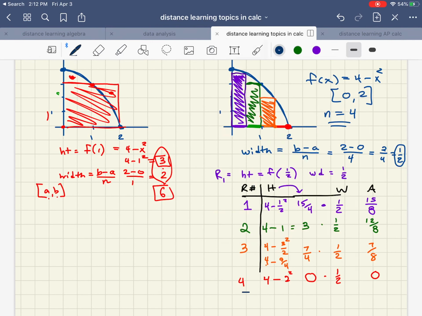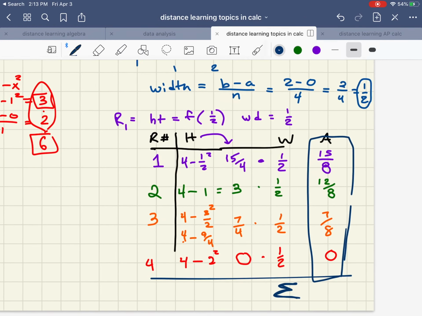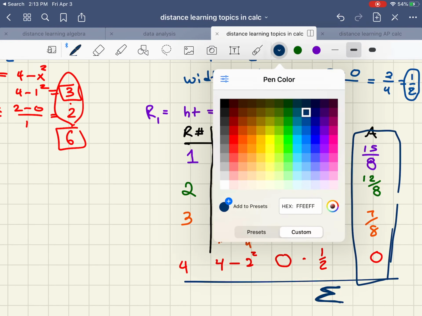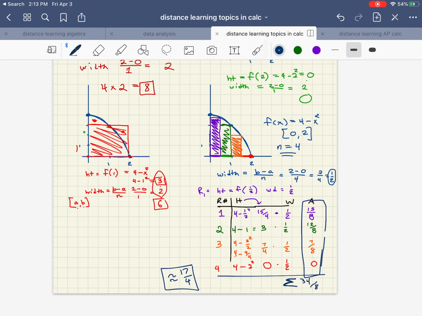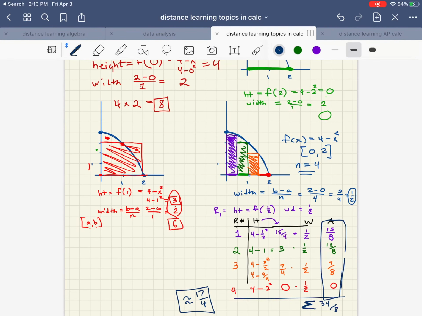Now to get the actual area, we're going to add, and this is the Greek letter sigma, the sum of all of those rectangles is our approximate area. Now clearly it's not great, but hopefully it's better than what we had before. Oh yeah, I want to use that same color. 15, 27, 34 over 8, or 17/4 is our approximate area.